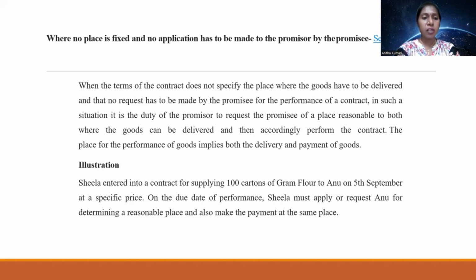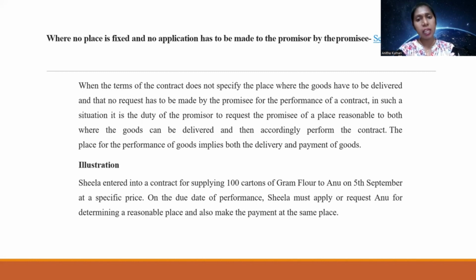For example, Sheila entered into a contract for supplying 100 cartons of gram flour to Anu on 5th September at a specific price. On the due date of performance, Sheila must apply and request Anu to determine the place and time for delivering the goods. So do you understand? See, this performance of contract has to be followed by both sides, both promiser and promisee.